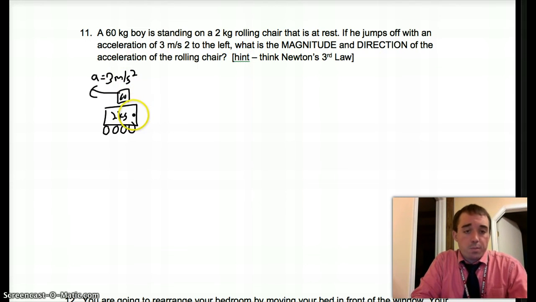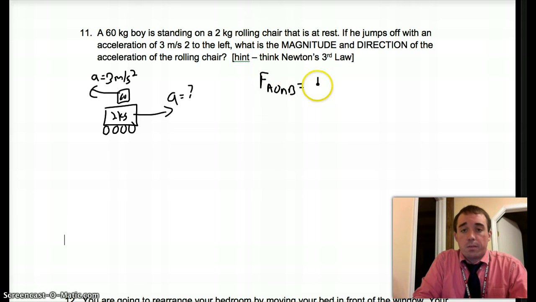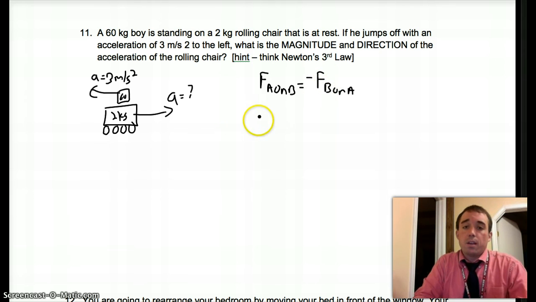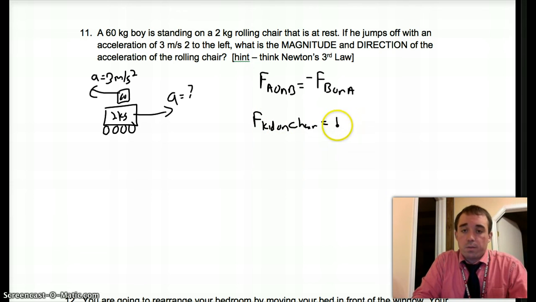So, I think a lot of us would be able to realize that the car is going to accelerate that way. But how much is what we're trying to find out. Well, Newton's third law says that F of A on B equals negative F of B on A, meaning different directions. So, the force of the kid on the chair equals the force of the chair on the kid.